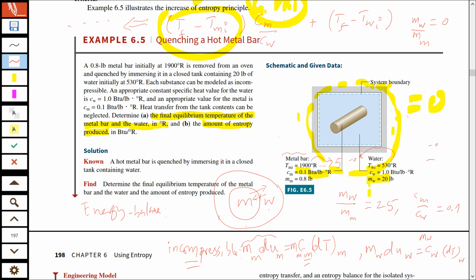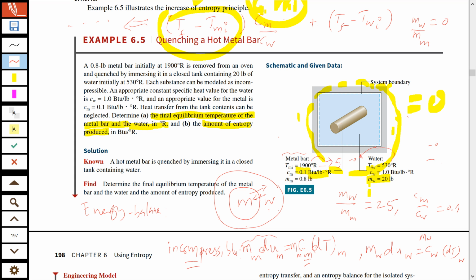Knowing that entropy transfer is just another way of expressing the heat transfer, you divide the heat transfer by temperature, and then you call it the entropy transfer. M to W. Because heat transfer is from M to W, so it must be accompanied by entropy transfer.